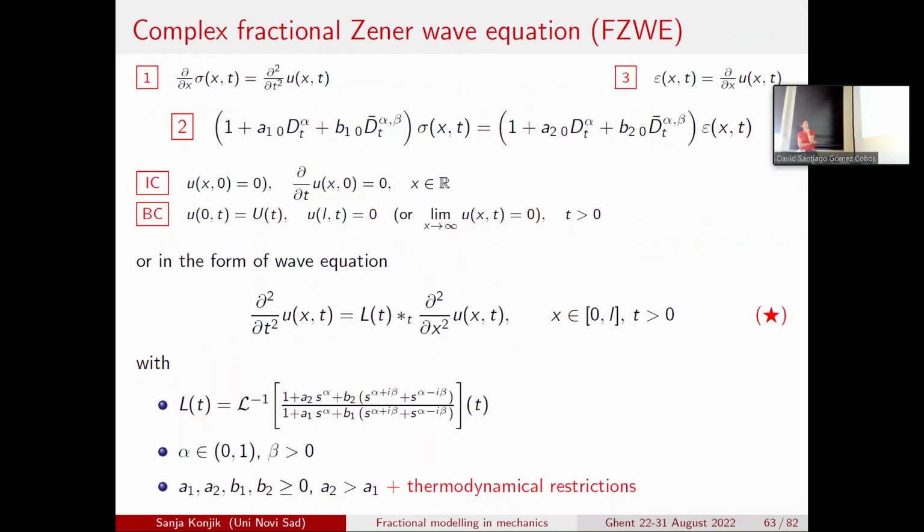In that sense we arrive at the following problem. As always we preserve the first and third equation, we don't change them. And now for the second one we choose the so-called complex fractional Zener constitutive relation.